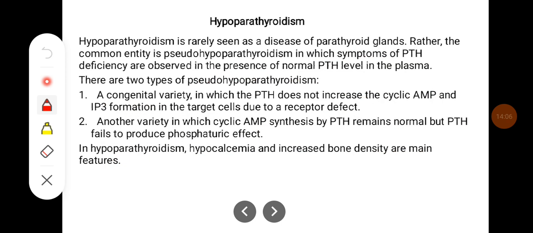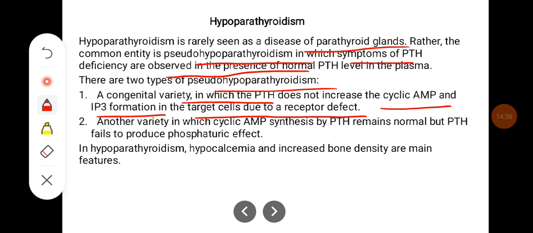Hypoparathyroidism is rarely seen as a disease of the parathyroid gland. Rather, a common entity is pseudohypoparathyroidism, in which symptoms of PTH deficiency are observed in the presence of normal PTH level in the plasma. There are two types of pseudohypoparathyroidism: a congenital variety in which PTH does not increase the cytosolic cyclic AMP and IP3 formation in the target cells due to a receptor defect.